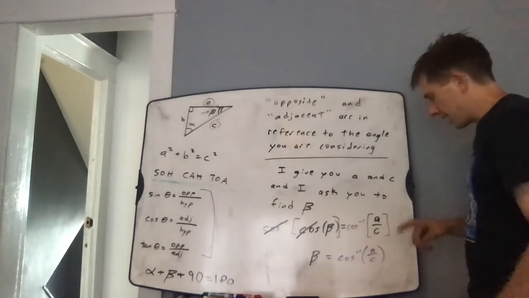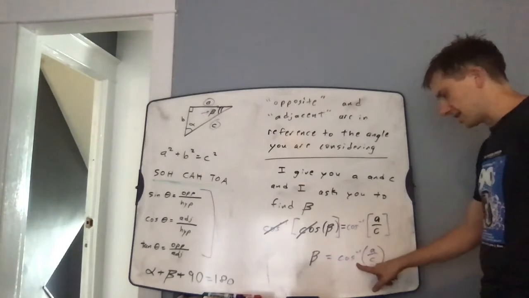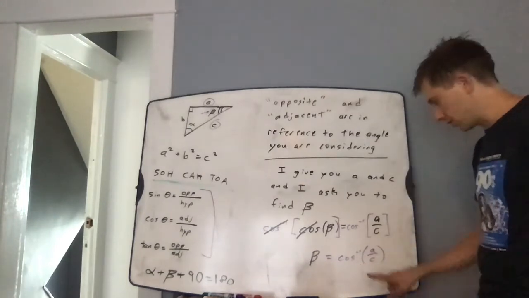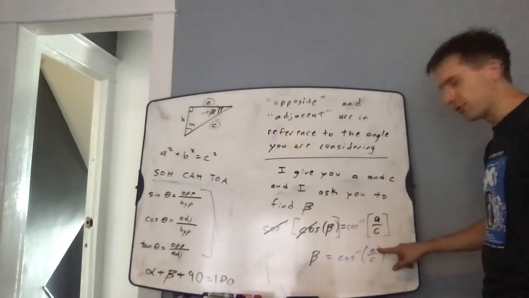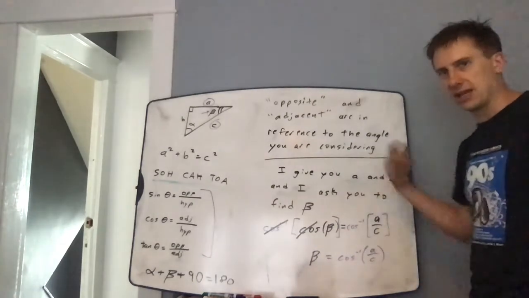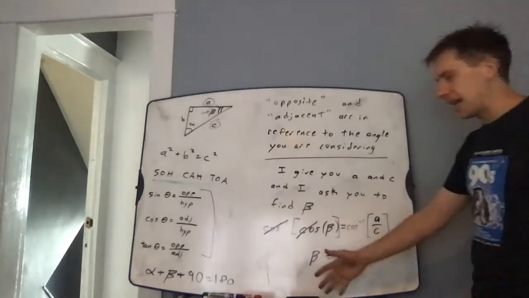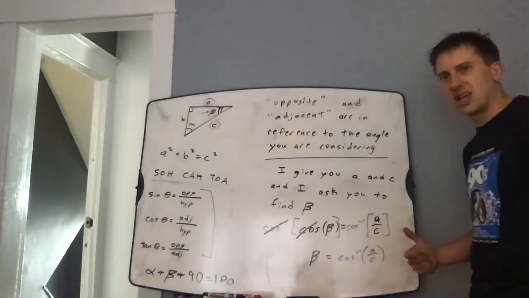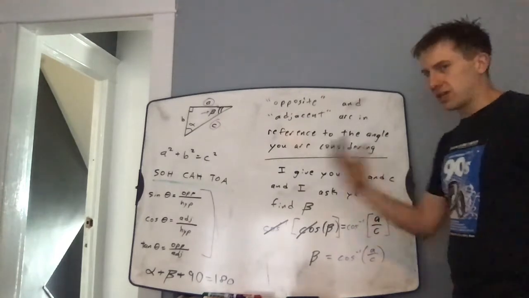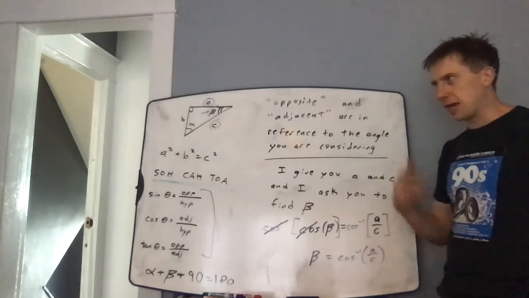And then I would just go to my calculator, I would find cosine inverse somewhere on my calculator, parentheses, whatever number A is, whatever number C is, close parentheses, hit enter, and your calculator will spit something out. When you do calculations with trig functions, make sure whether you're working in radians or degrees, make sure you're in the correct mode for your calculator.